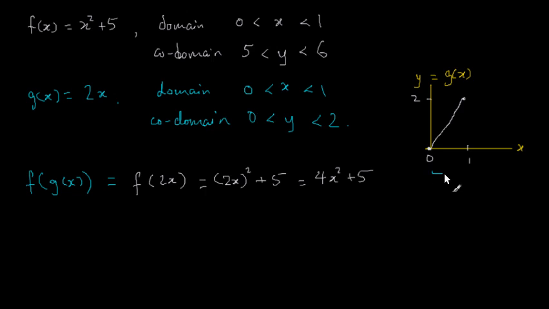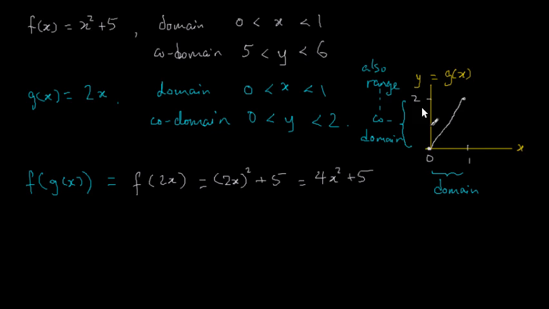This is the domain. And this is my codomain. So my codomain happens to be also my range, the range of g(x). Not always, the codomain is not always the range, but it's just happened to be the case in this example.